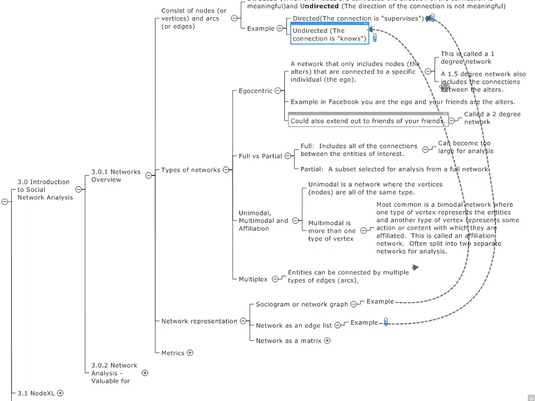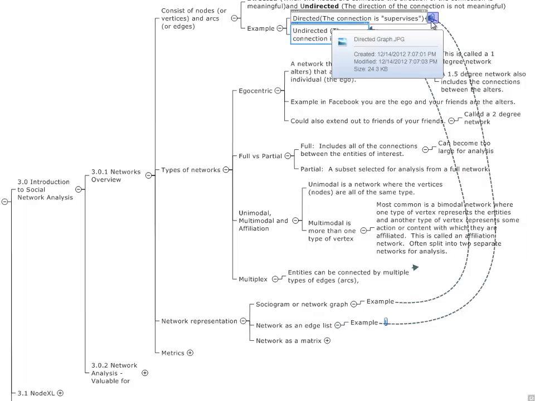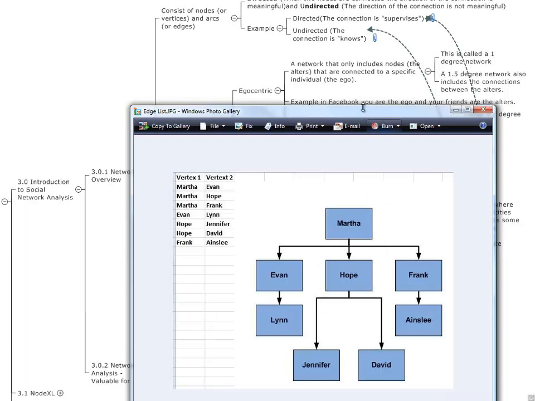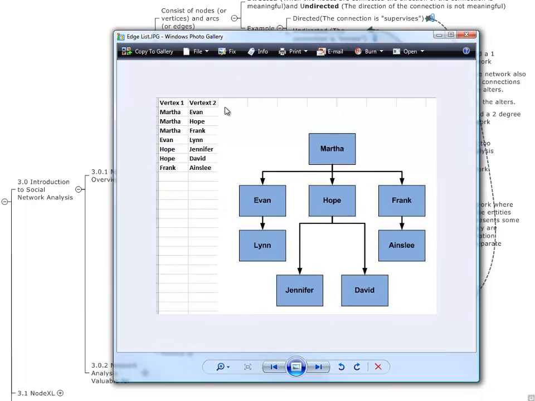If you look at the supervises one here, then here's an edge list. We have something called vertex 1 and vertex 2. Vertex 1 always lists the from, and vertex 2 always lists the to if you have a directed graph, which we do in this particular case.